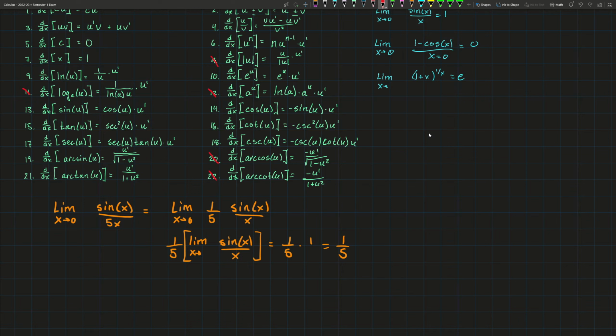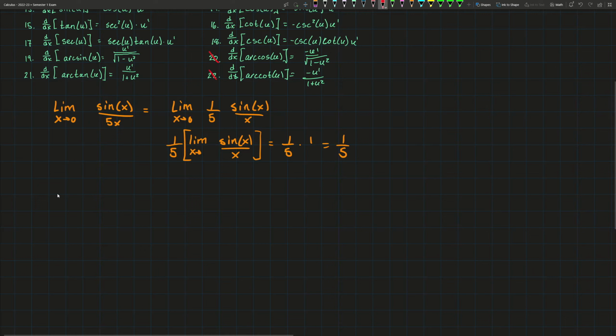I'll do number 11 on 1 or 206. So this gives you a graph, and it asks you to find an equation of the tangent line to the graph at the given point. It gives you graphs of them. It doesn't really matter.